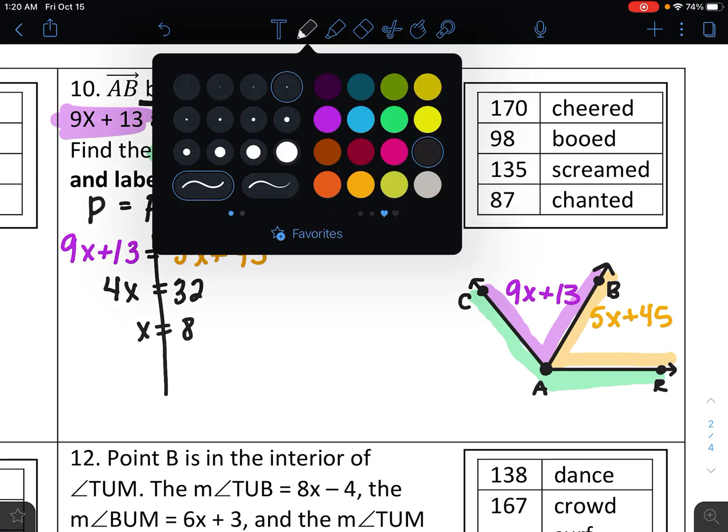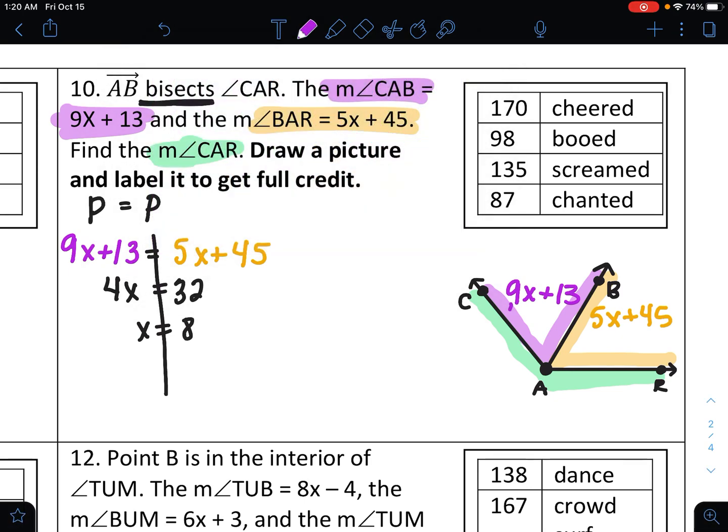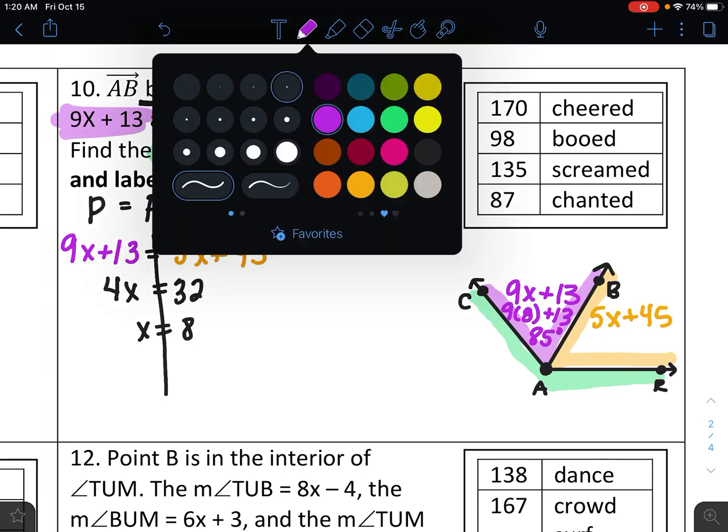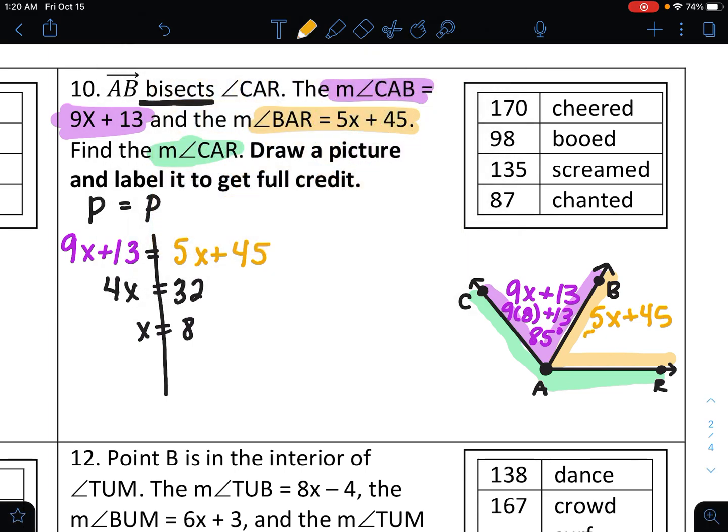All right, so I get x equals 8. I'm going to plug it back in. I got 85 degrees for that one. So what's that? 40 plus 45. Yeah, that's also 85 degrees. All right, good. That means I did it right.